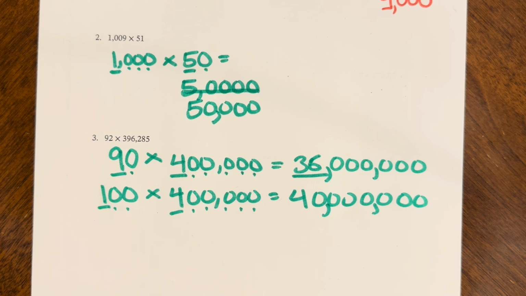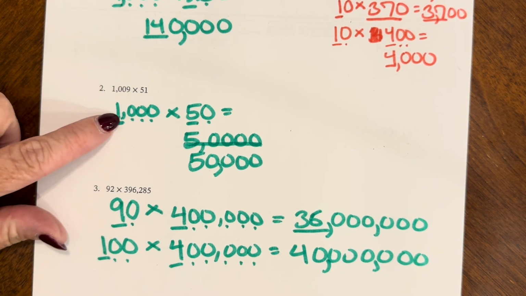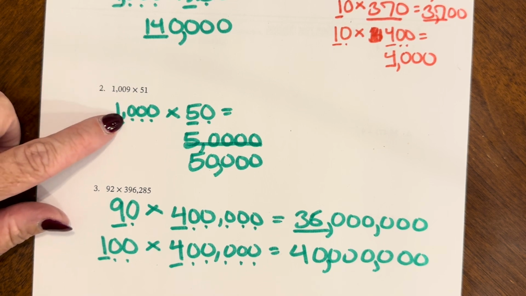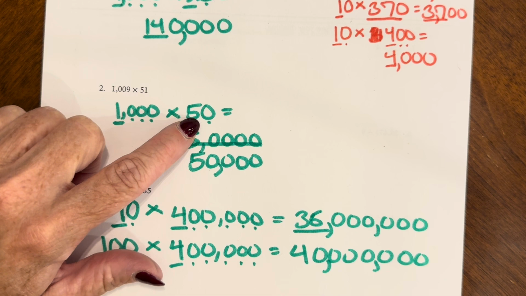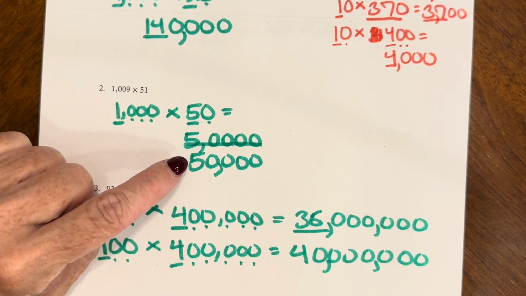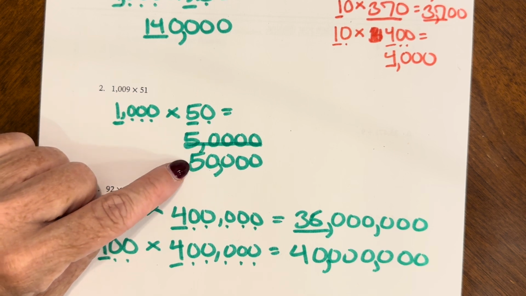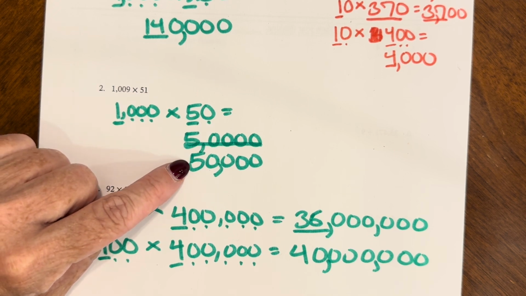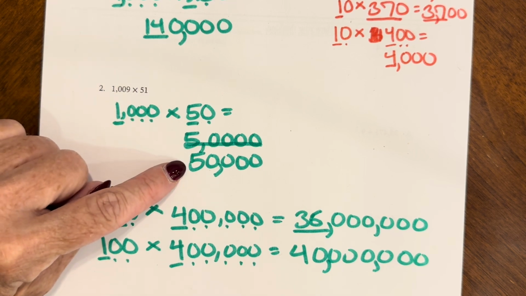Okay, so ladies and gentlemen, before we go on, let's think about a few of these. Let's go back to number 2. Because I rounded this factor down and I rounded this factor down, that means that my estimate is definitely going to be less than the actual product, because both factors I rounded down.